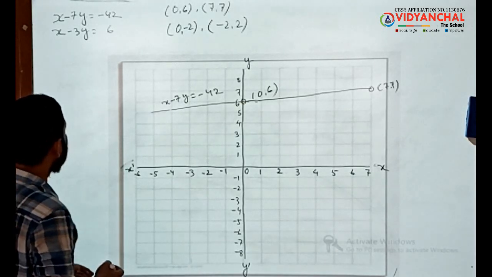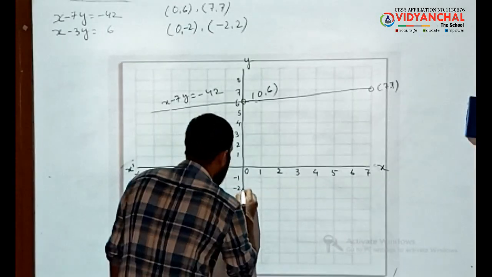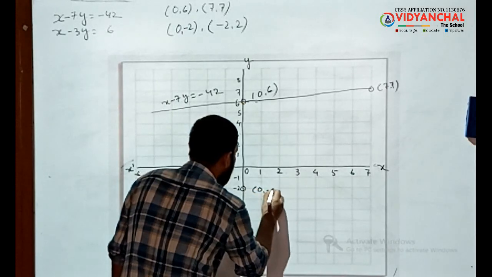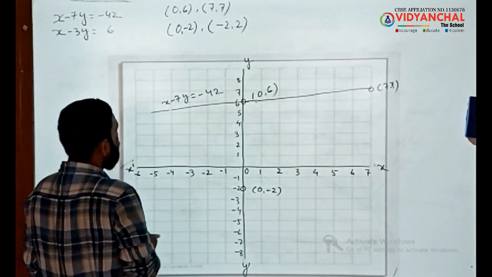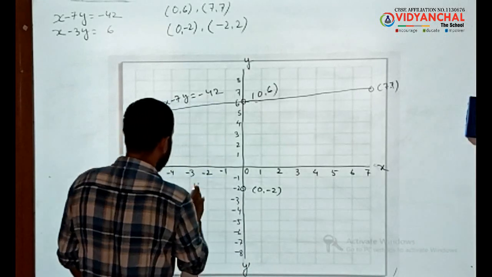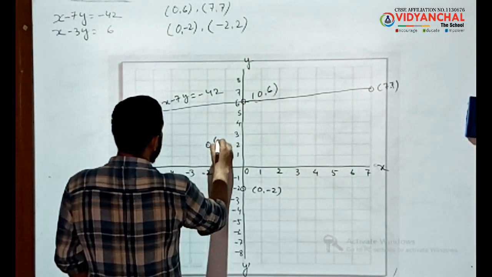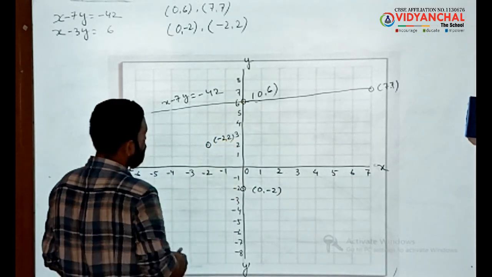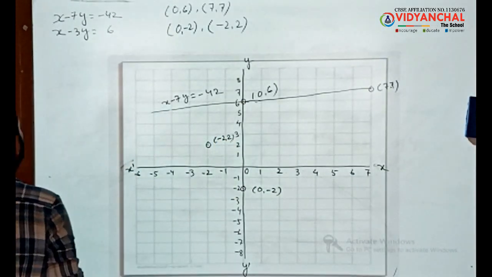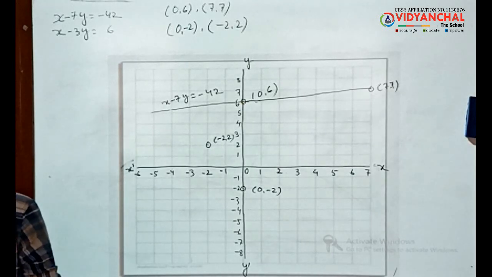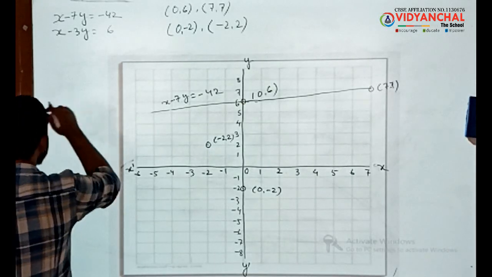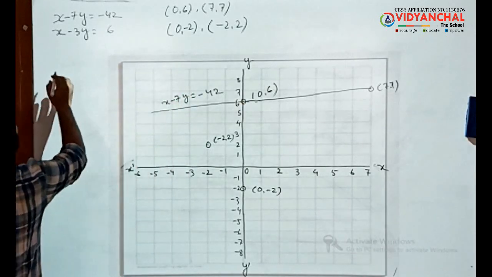And for the second equation it is 0, minus 2. This is the point 0, minus 2 and minus 2, 2. Let's take this coordinate again, minus 2 comma 2, because I am having some doubt.